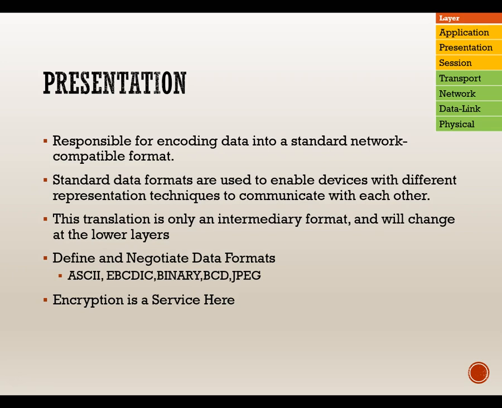The computer knows how to open a doc, but the network presentation layer may not. Standard data formats are used to enable devices with different representation techniques to communicate with each other. It's only an intermediary format and will change at the lower layers, going up and down.